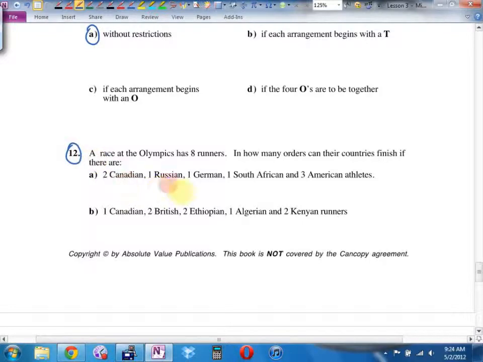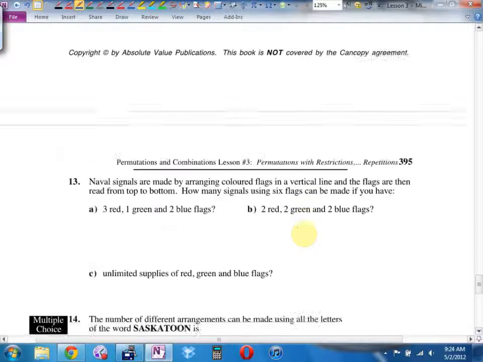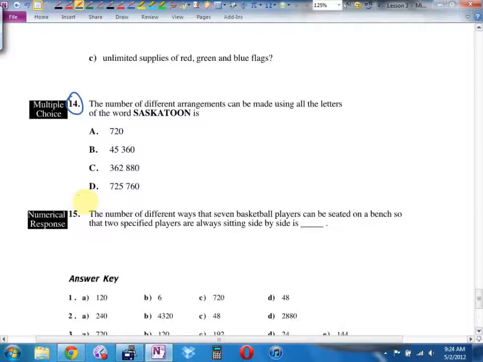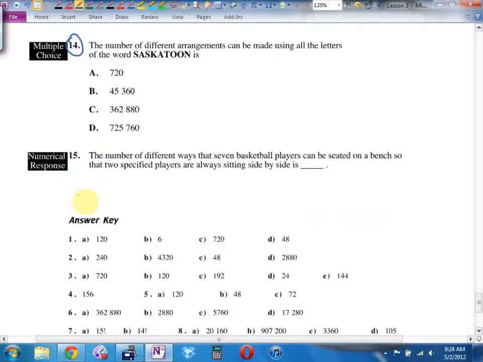This is a word. 2 C's, 1 R, 1 G, 1 S, 3 A's. I can treat it that way. This is a word. 1 C, 2 B's, 2 E's, 1 A, 2 K's. 14. Okay. We'll pause there.